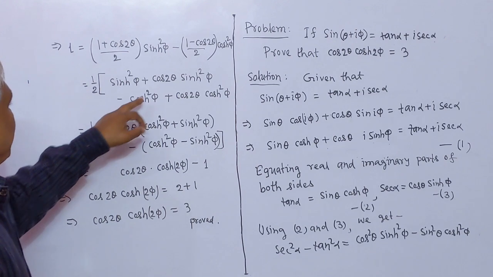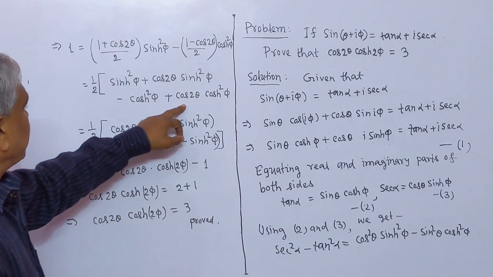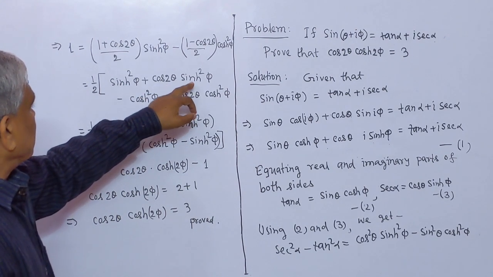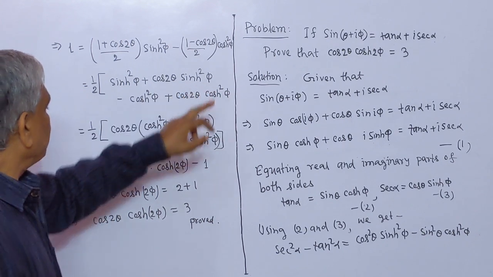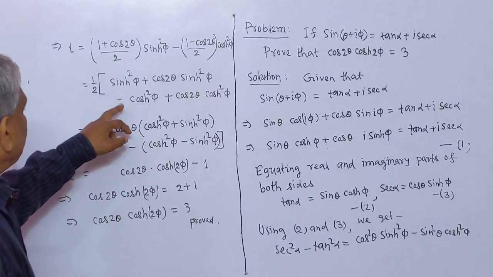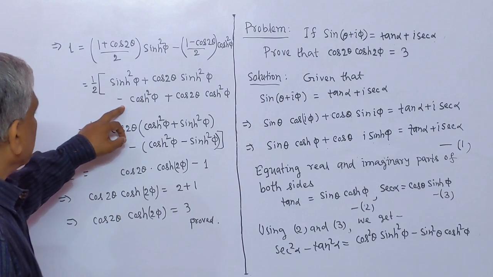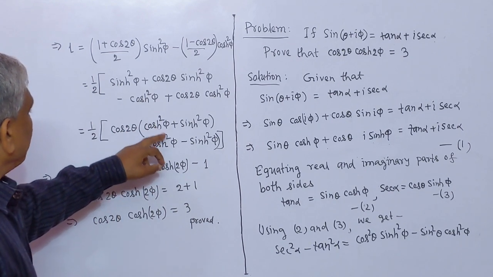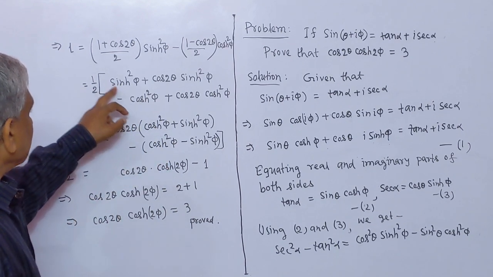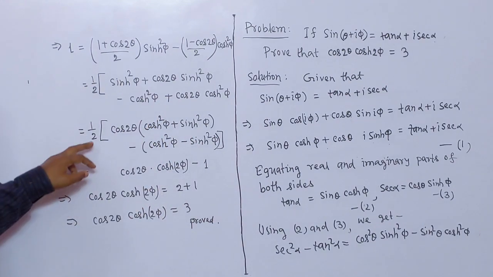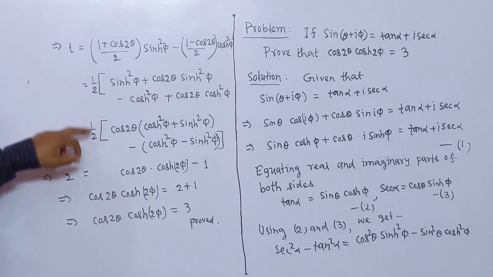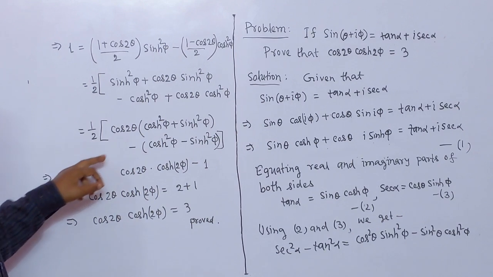Now we take common cos 2 theta, remains cosh square phi plus sinh square phi. Now we take common minus, cosh square phi, here minus sinh square phi. Now we send 2 to right side. 2 multiply 1 equal to 2.